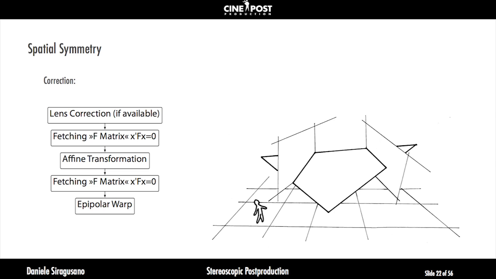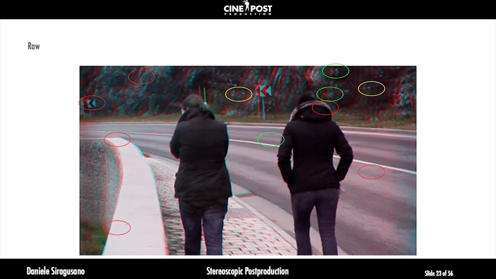Basically, we calculate how the cameras were on set. So we have a matrix that describes the position between the cameras. And then we make a correction for that to make them plano-parallel. Then we do the feature matching again, and then we do an even more sophisticated so-called epipolar warp.